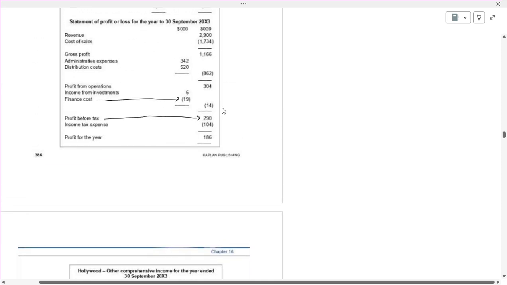Okay, impairment. Next, anything else before that?